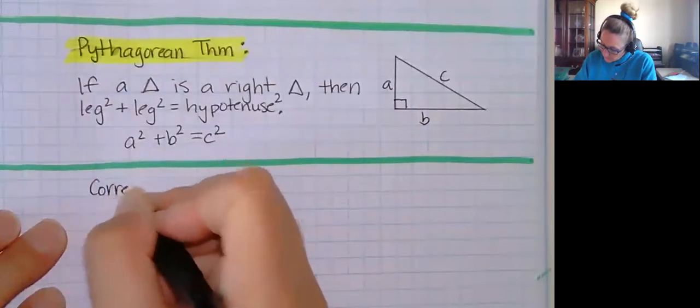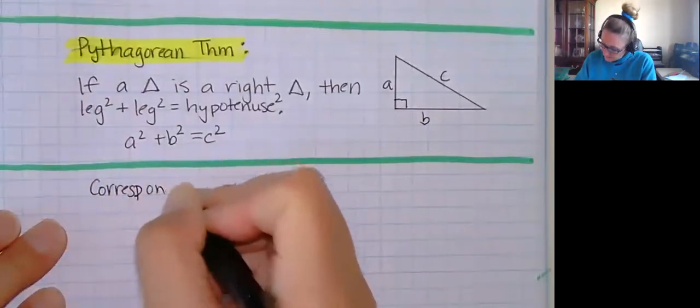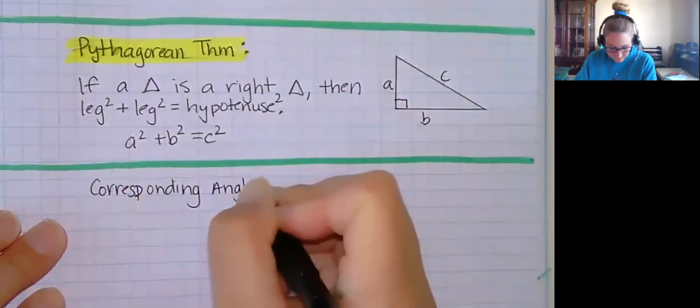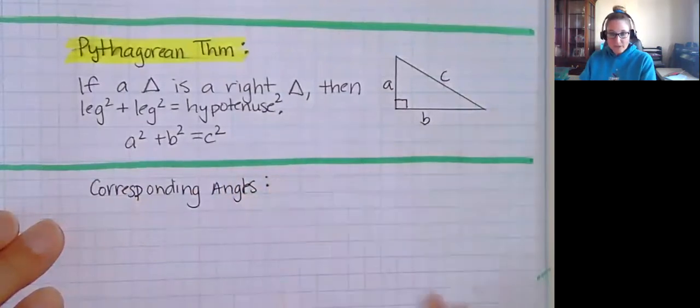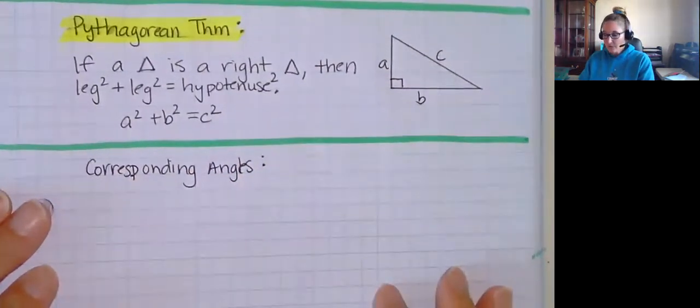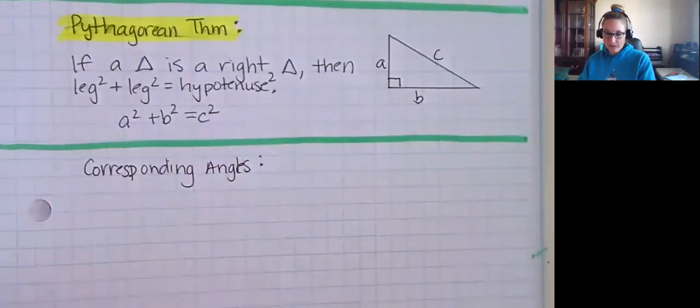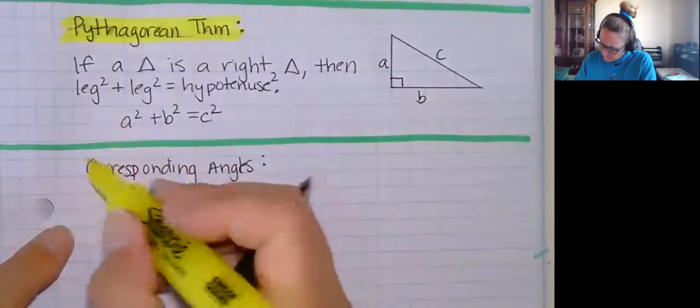So corresponding angles. And I'm going to write two of these. One of them is going to be talking about if the lines are parallel cut by a transversal, then the corresponding angles are congruent, and the other one's going to be the converse. Okay, so corresponding angles.